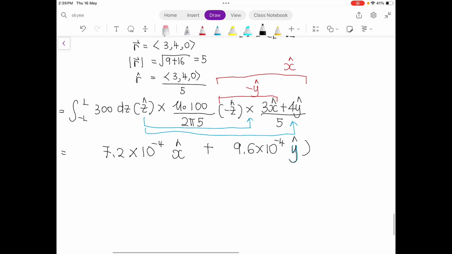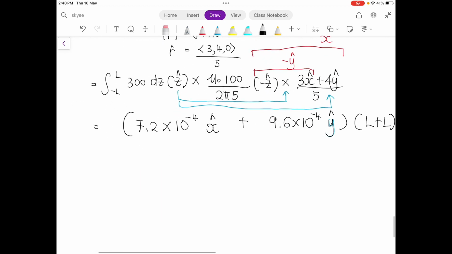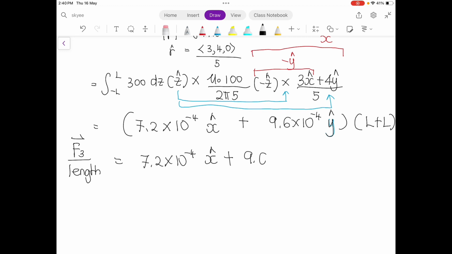We have to multiply also, and we haven't multiplied this one. L plus L, this is the length. Meaning that your F3 over the length is equal to 7.2 in the x direction plus 9.6 in the y direction, Newton per meter.